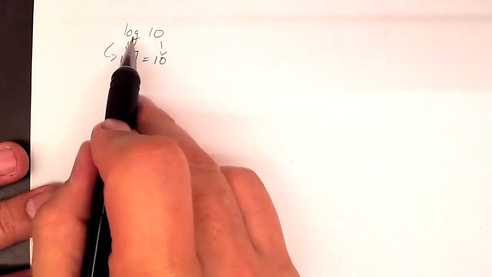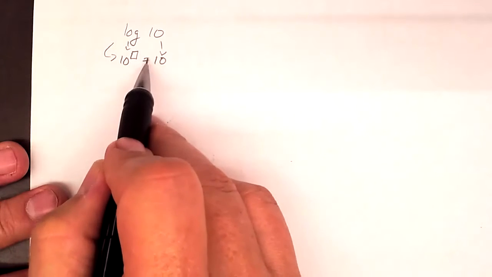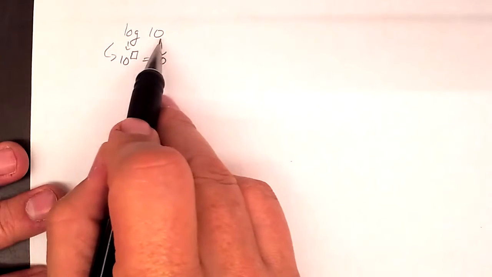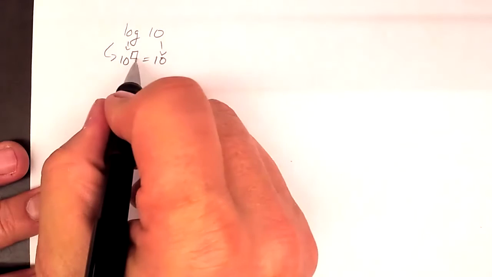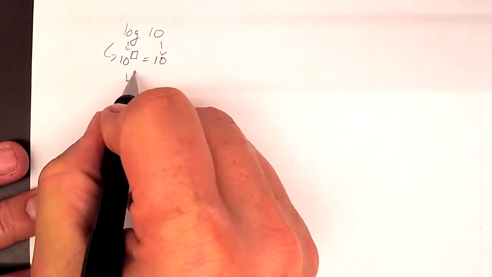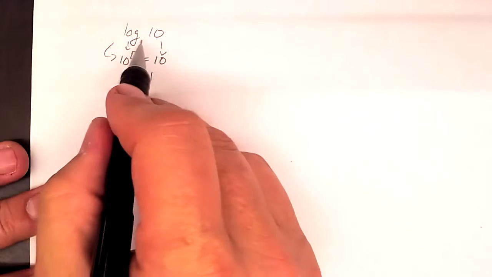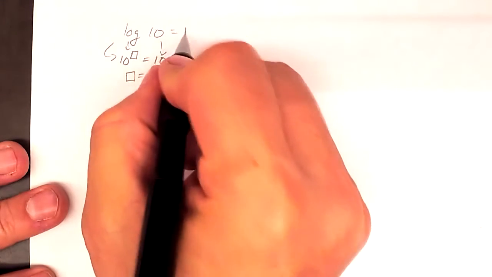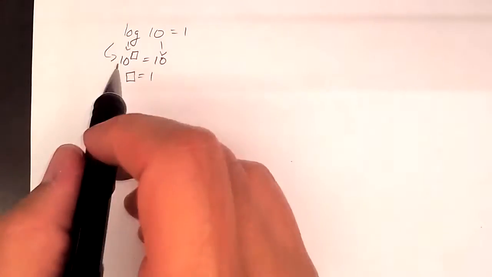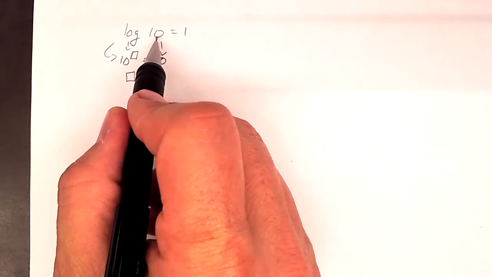The other way to say log is that 10 to the something power is equal to the number you're discussing. So what's in the box? What exponent lives in the box to turn 10 into 10? The box is 1. So log of 10 is 1, because when we say log, we're asking what exponent you stick on 10 to get the number we're talking about.